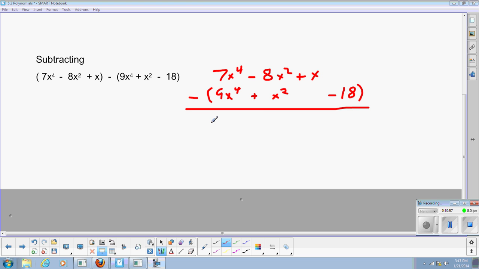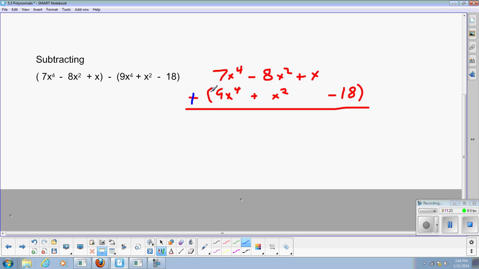My mind prefers addition over subtraction. So what I'm going to do is remember the phrase that you've been taught a long time ago called same, change, change. So I'm going to keep the first trinomial the same. I'm going to change my subtraction to addition. Because I've done that, I have to change every term inside the parentheses.